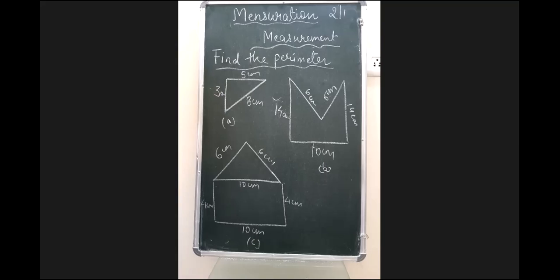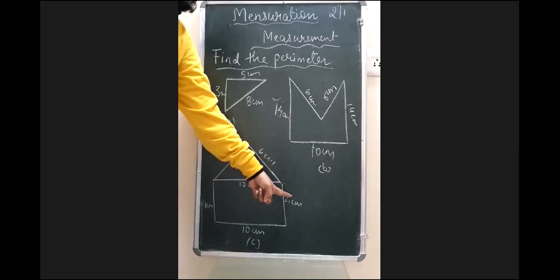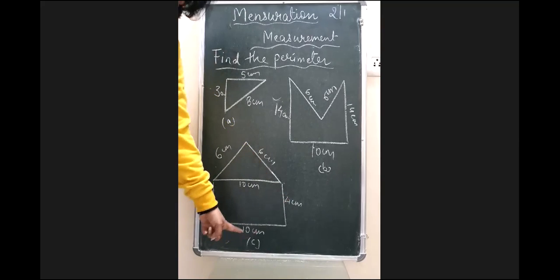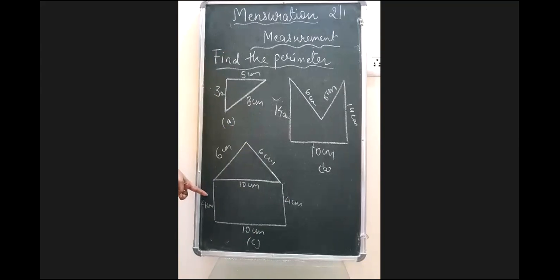So the perimeter of the second figure would be 50 centimeter. Now moving on to the third one. Here we have 6, here we have 6. It will give us 12. 12 and 4 will give you 16. 16 and 10 will give you 26. 26 and 4 will give you 30.